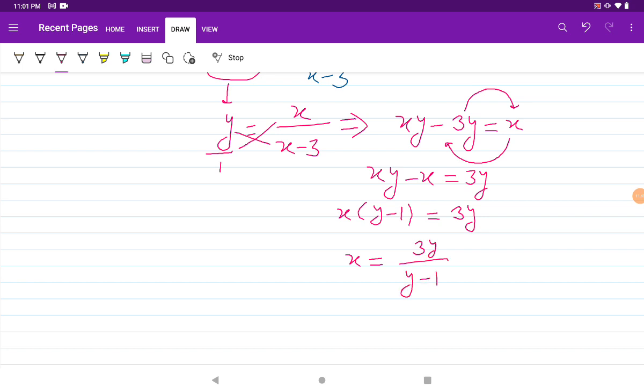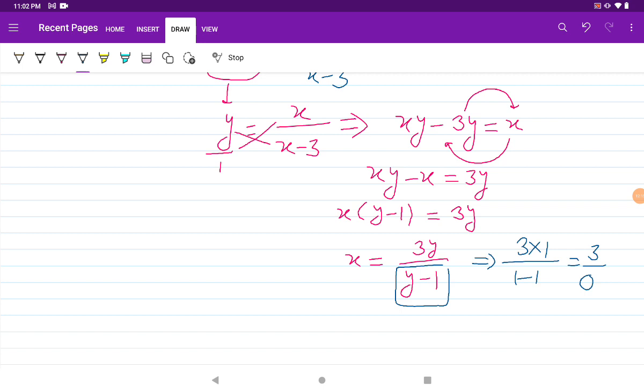Now you have to find the range, so you have to find the values of y, because y is equal to f(x). You have to find the values of y for which x is defined. You know x is not defined if y becomes equal to 1. If we put 1 here, it becomes 3 times 1 over 1 − 1, which means 3 over 0, and division by 0 is not defined.